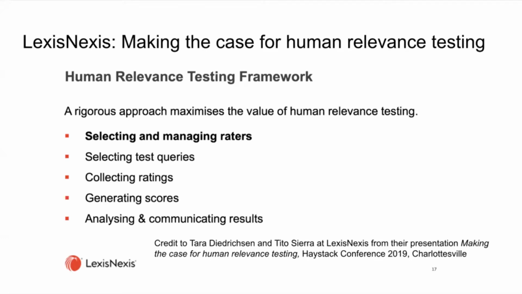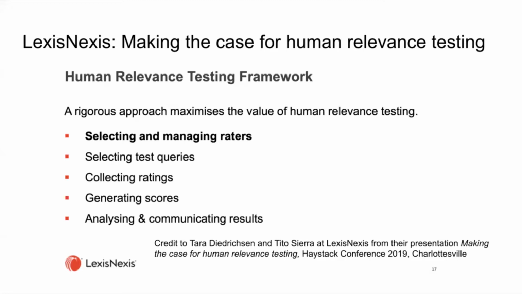So it's selecting and managing raters, selecting the test queries, and how representative they are. And then as you assign the tasks, you also want to collect the ratings. You also want to generate certain scores, because if you don't generate any number, then you don't know how well you are doing and where you should be moving, right?